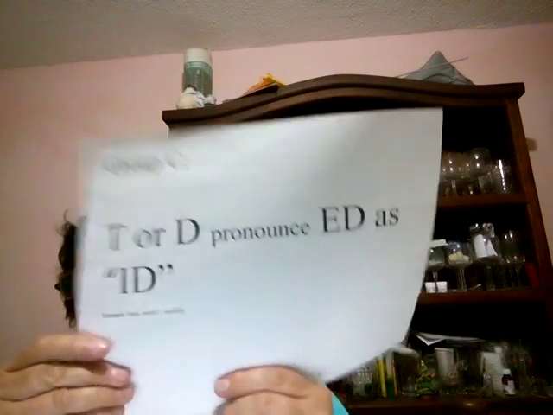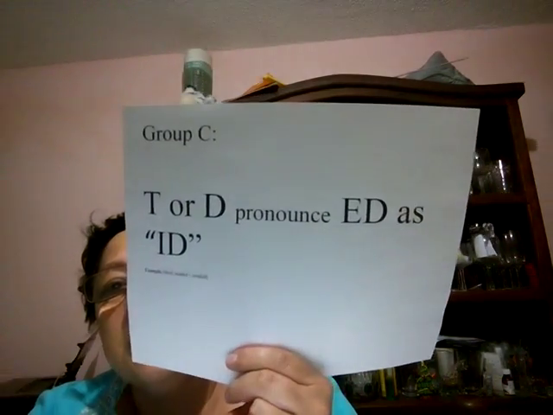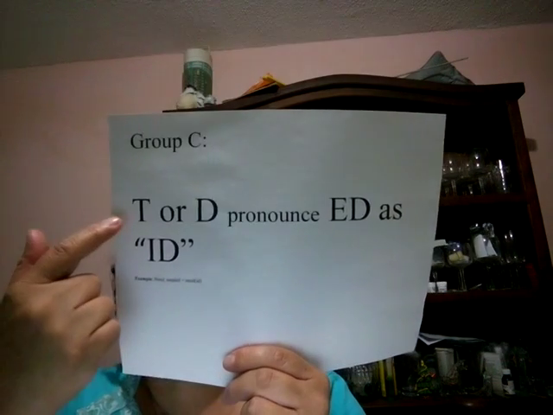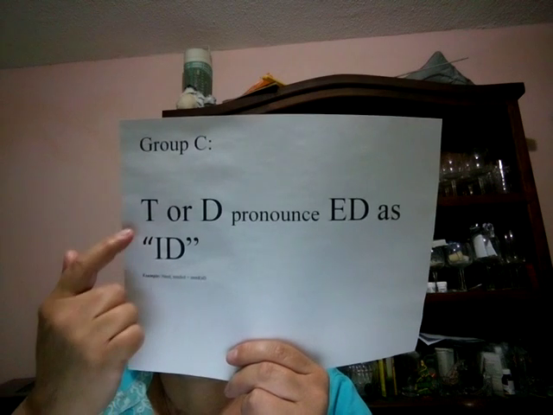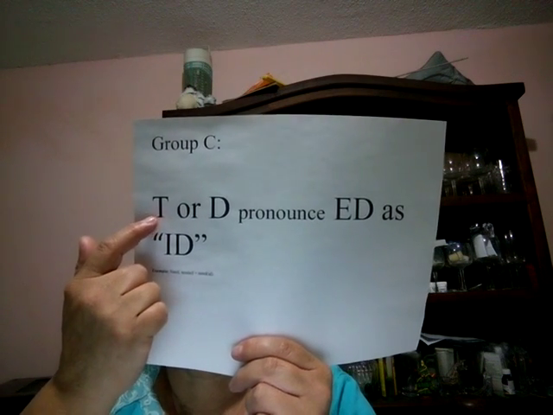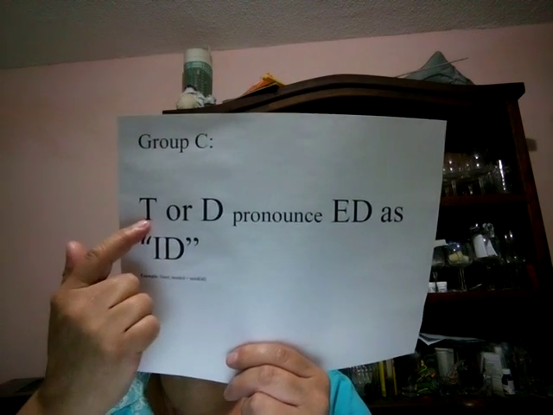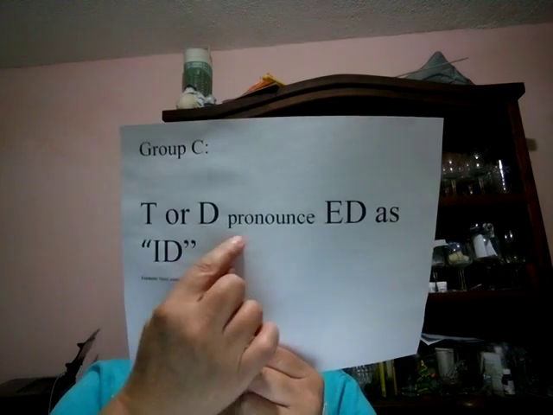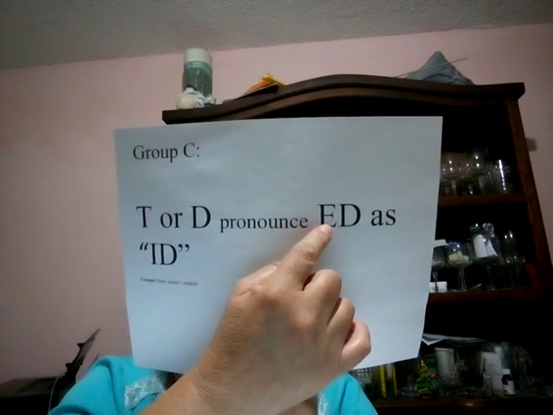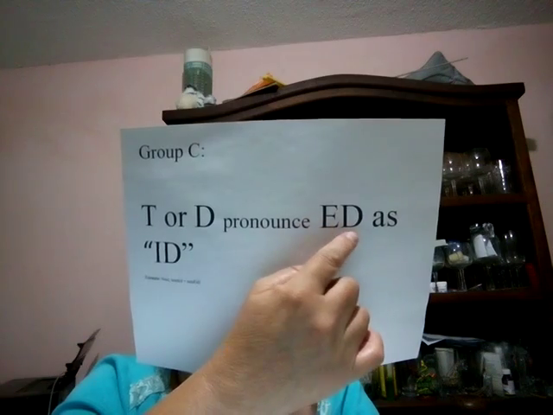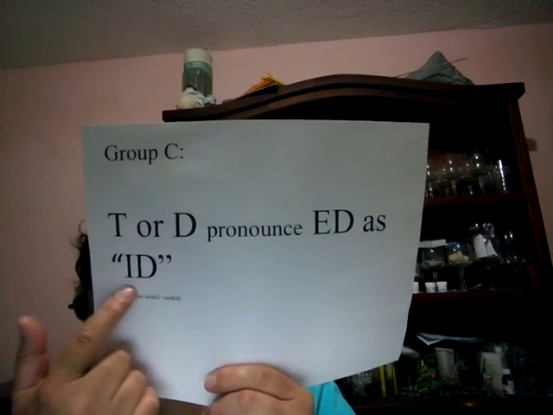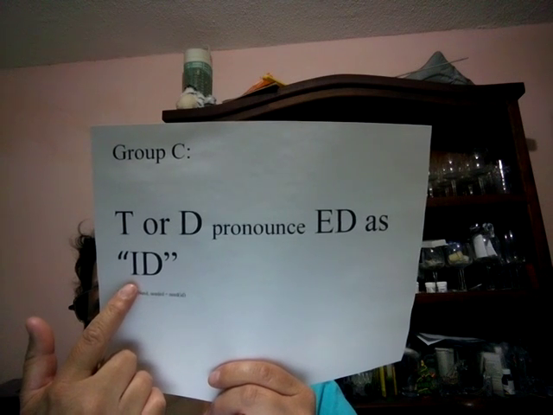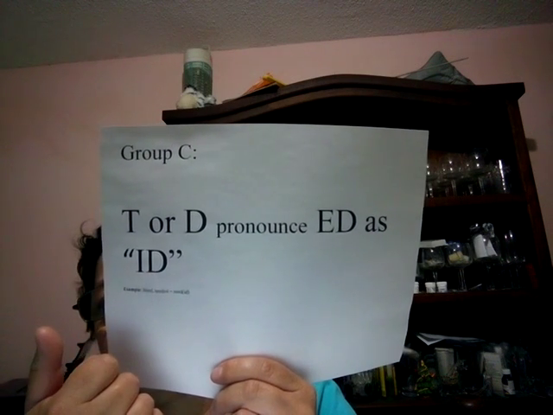And group C is verbs ending in T or D. When the verbs end in T or D, we add ed and pronounce it completely, ed.